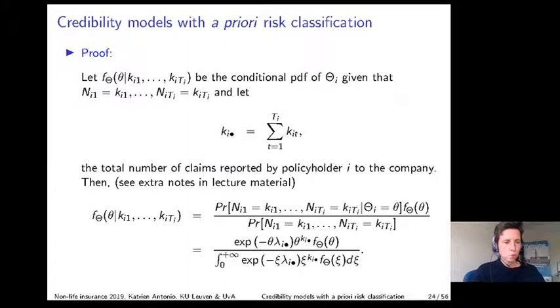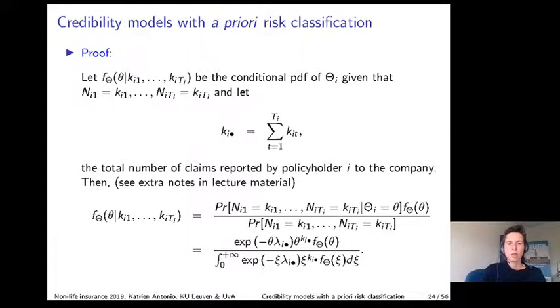Now the extra notes available in your lecture material will give you more details on the derivation of the final expression printed at the bottom of the sheet. So what do we learn here? Note that the conditional probability density function of theta only uses the lambda_i bullet and the k_i bullet in its final expression. As such, the property from the previous lecture sheet holds true.